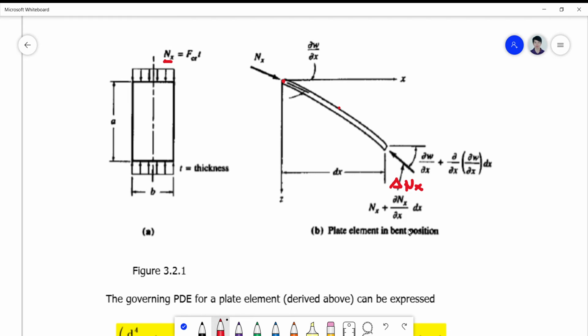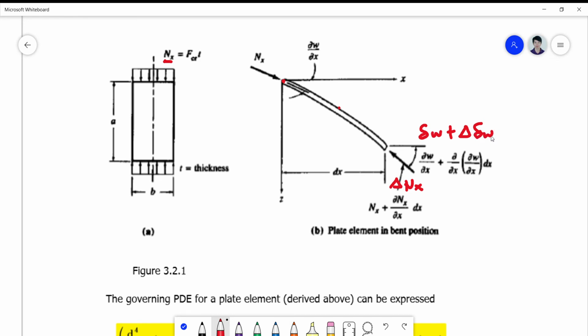So with the angle or the slope, since we are talking here of a differential length dx only, your slope here will simply be equivalent to w plus a delta w.